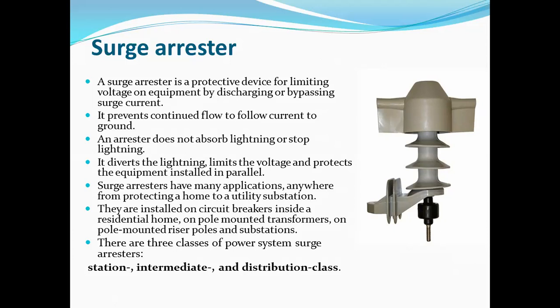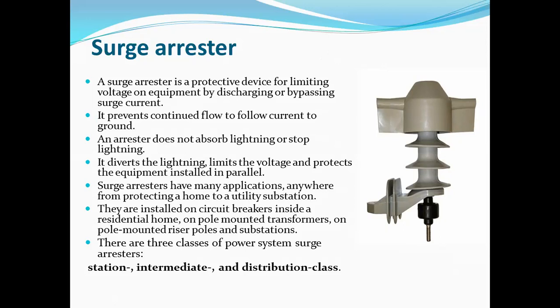First is the surge arrestor. This surge arrestor is a protective device for limiting the voltage. It limits the over voltage on equipment by discharging or bypassing the surge current.